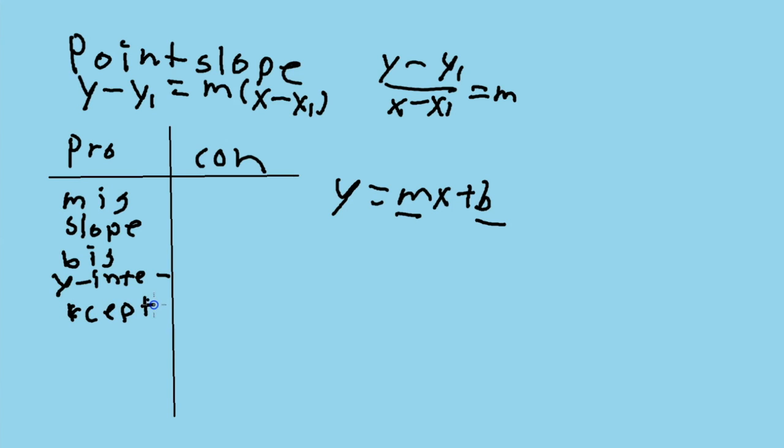For example, in the equation y equals 2x plus 1, you can immediately tell that the slope is 2 and the y-intercept is 1.